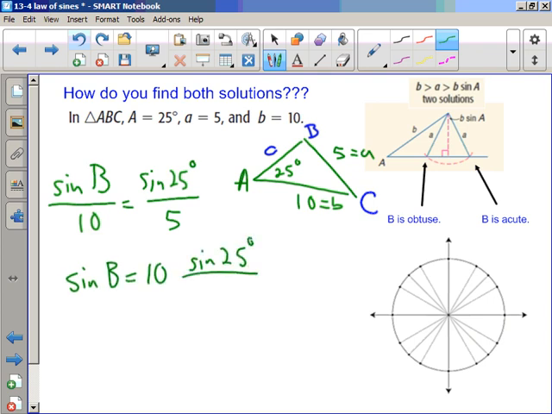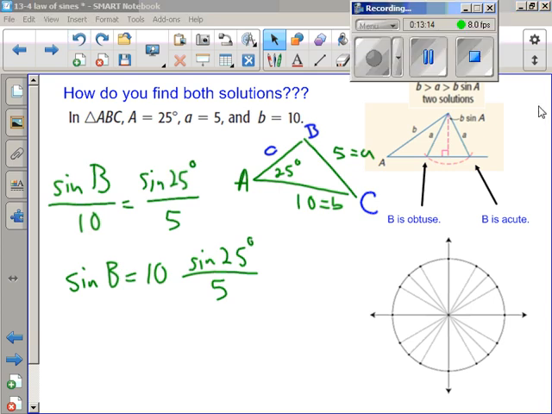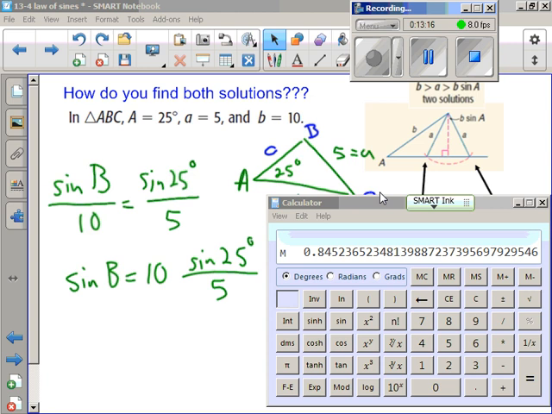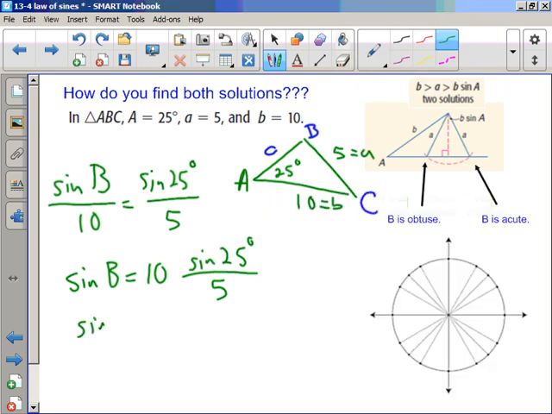And when you crunch the numbers, you get 0.845. So you get sine of B equals 0.845. That should be pretty accurate. So I'll do 4 decimals, I guess. Sine of B equals 0.8452.